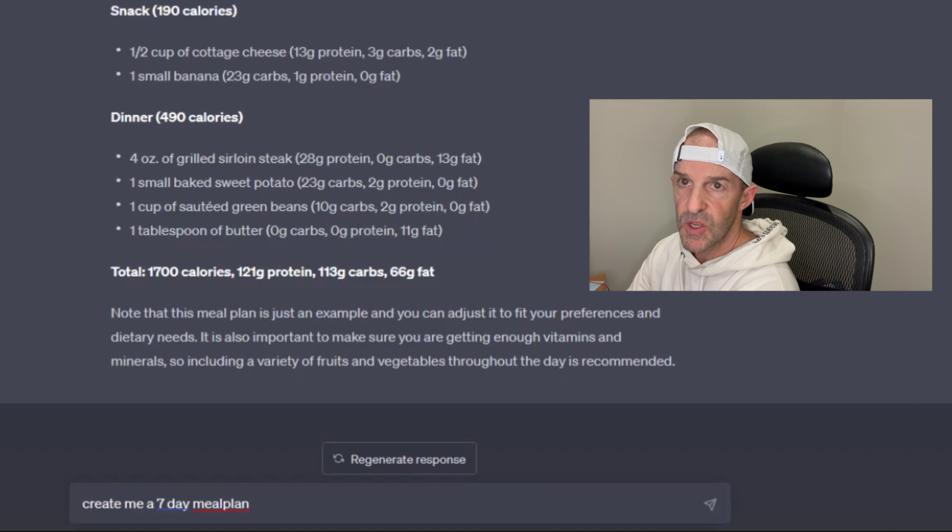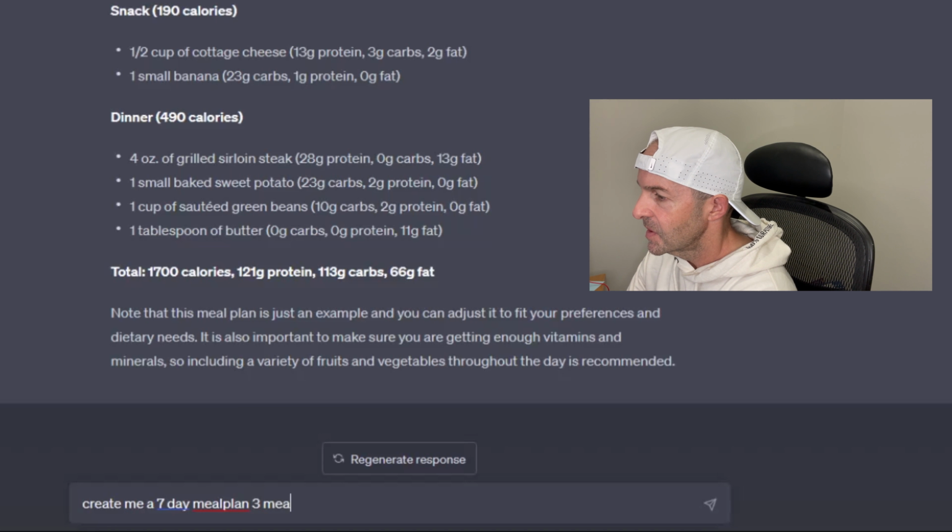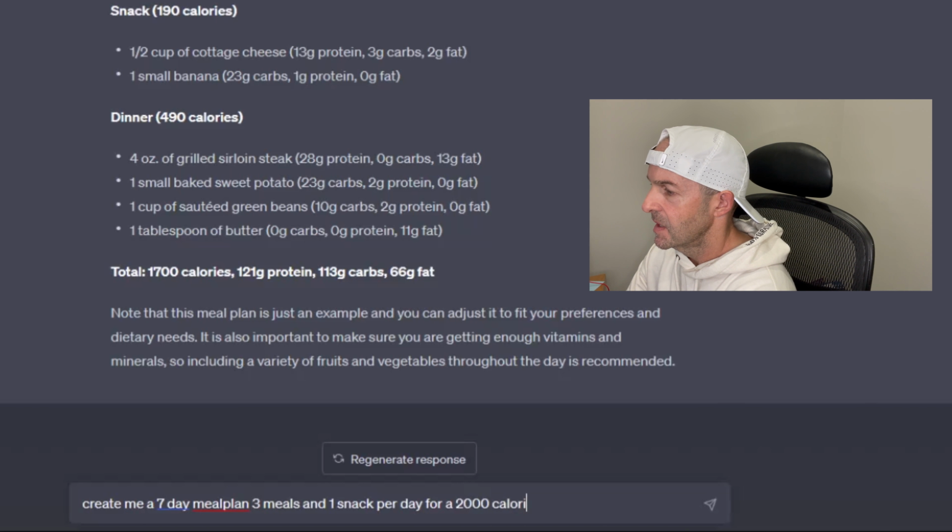It's providing 3 meals and 2 snacks because that's what I previously asked. So let's change it up. Let's say 3 meals and 1 snack per day for a 2,000 calorie target.